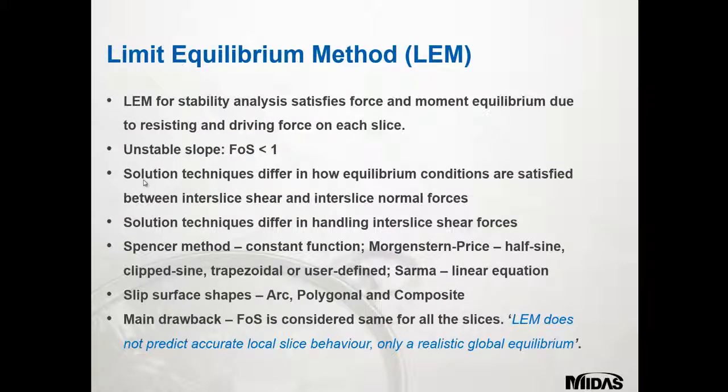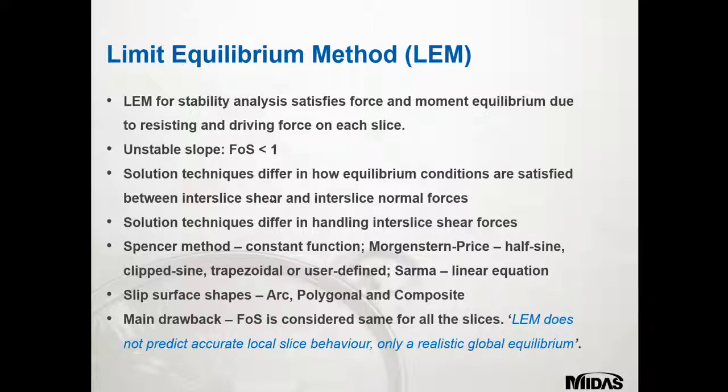So the limit equilibrium method determines the global factor of safety for a slope using equilibrium of forces and moments of each individual slice. The factor of safety is obtained from statics, and is given as the ratio of resisting to driving forces. If this value is less than 1, then the slope is unstable. Different solution techniques have been proposed and they mostly differ in what assumptions and formulations are made to solve the slope stability problem through statics.